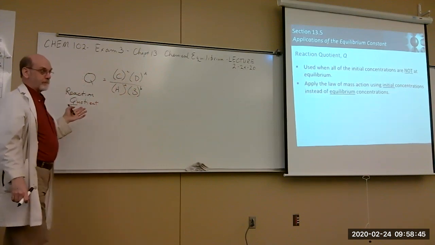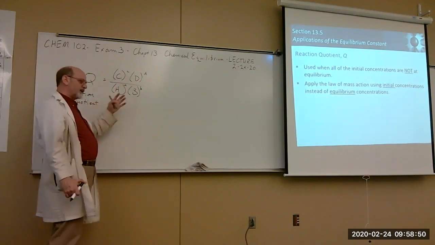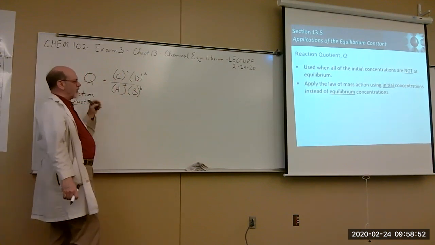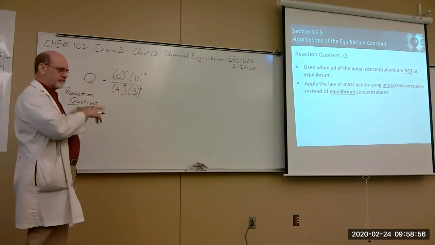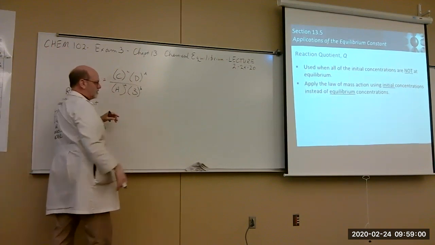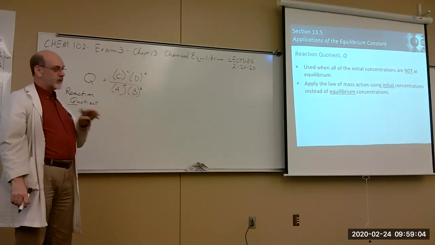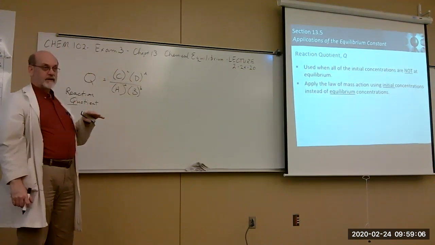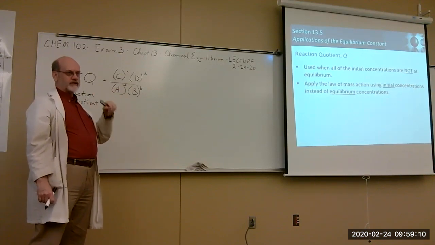So if you mix A and B together, and you say, all right, I want to put some C and D in there also, so you go ahead and put both of them in there. Then you do the calculation, and Q will be different than K because you haven't reached equilibrium yet. But the relationship of Q to K tells you which direction the reaction wants to go.